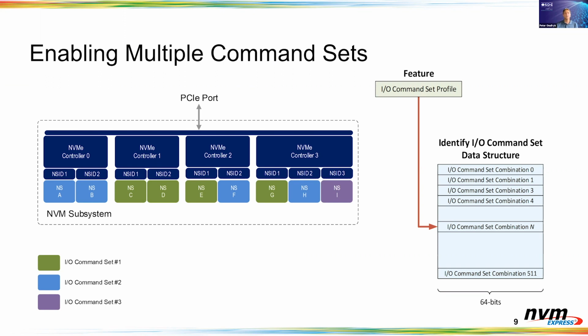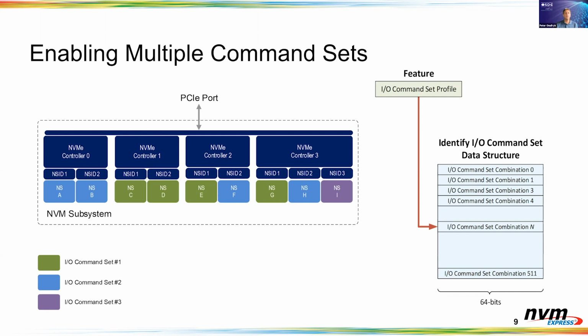This restricts the interleaving of command sets associated with different command sets by the host. Using the IO command set profile feature, the host selects the command set combination that it wants to enable on a controller. So this allows you to control implementation complexity. It allows you to do things like the following. At one extreme, you can say, I want to support IO command sets 1, 2, and 3 on my controller, but I only want to have 1 enabled at a time.